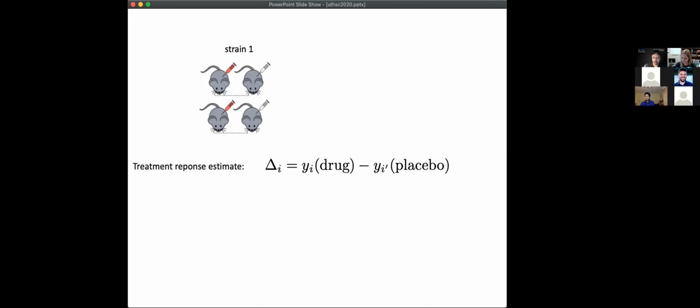So yeah, we've looked at that, and I think there is value in adjusting using ANCOVA, not only doing the delta, but also including Y_i placebo in the model that you're fitting as a covariate.